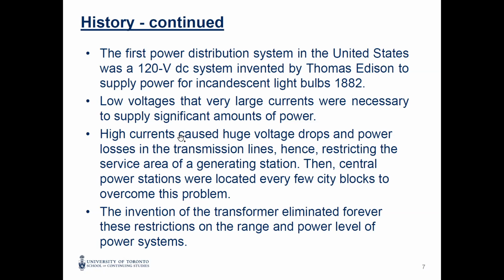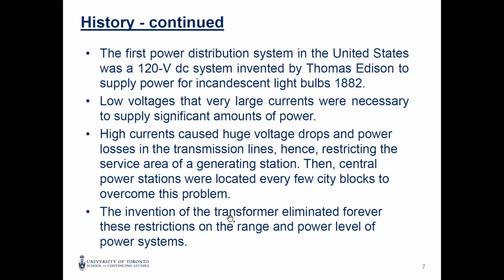Within a certain distance from the generation station, you would find very large voltage drop and losses. The power station was located centrally, and it was serving New York and other cities, just a few blocks in the city, not the entire city, due to this problem.